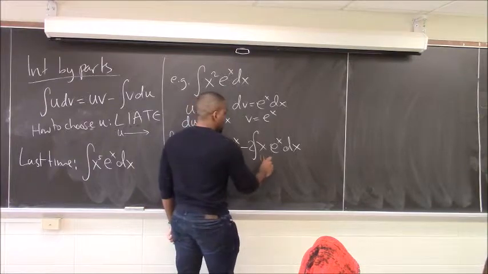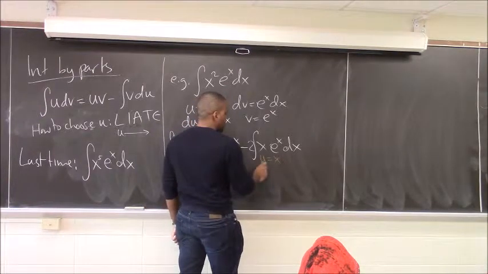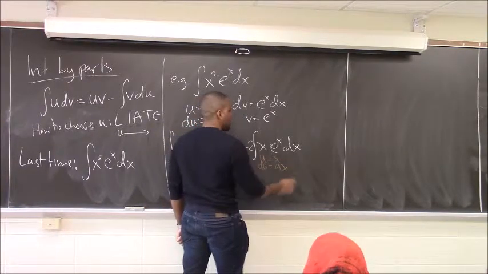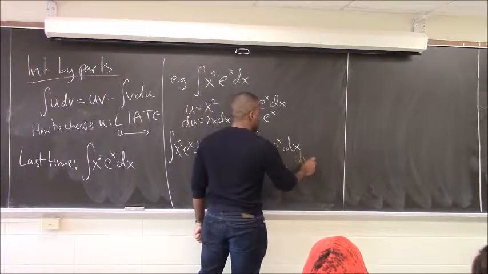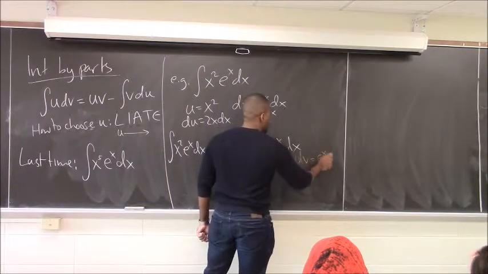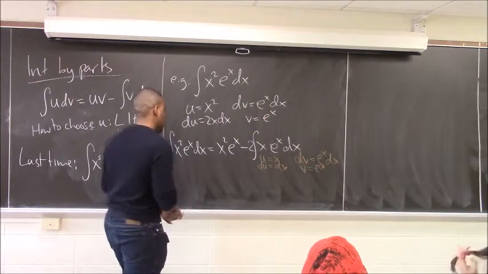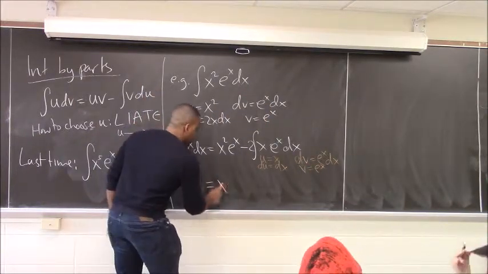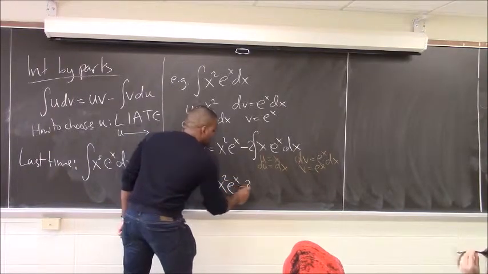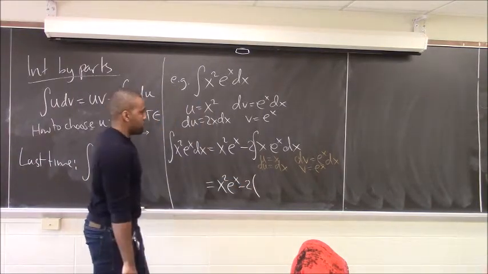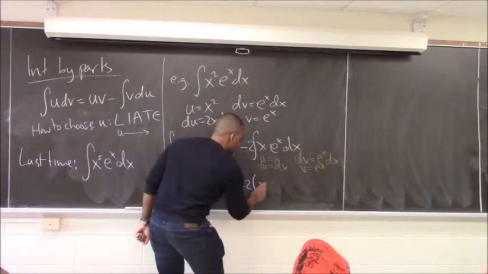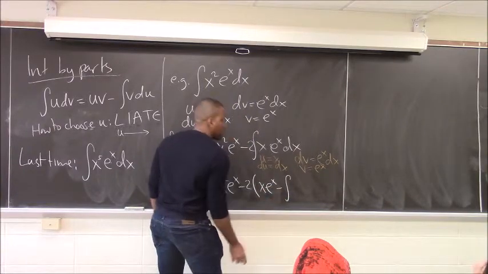So here we set u equals x. Your du would be dx. You set your dv equals e to the x dx. Your v would be e to the x. And so you are going to plug in another version of integration by parts: u times v minus the integral of v du.